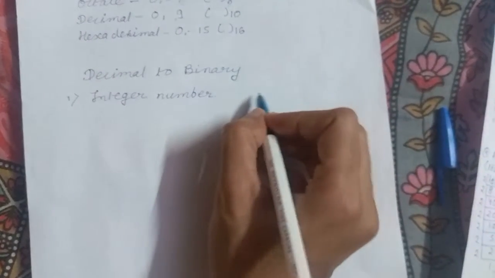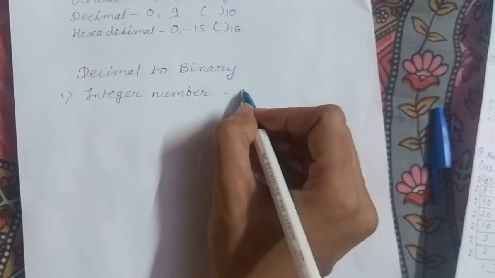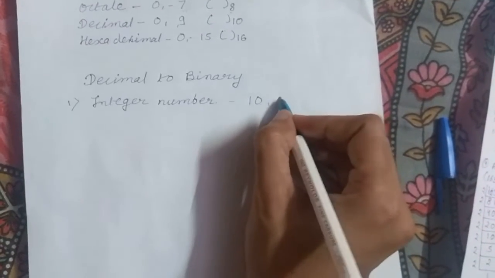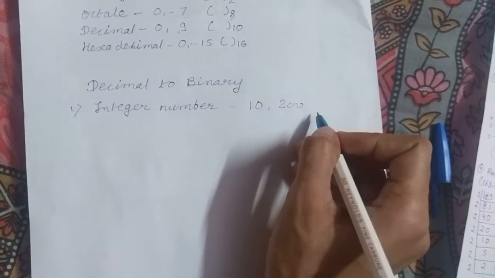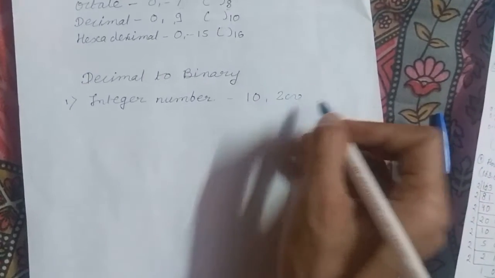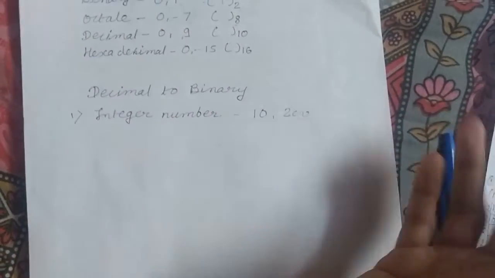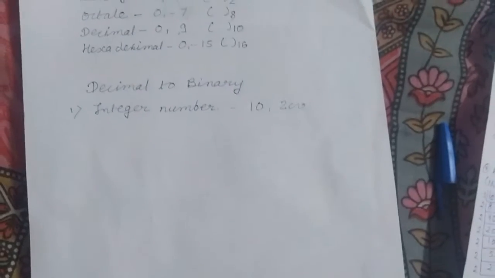Whatever number comes before the decimal point is your integer number. Suppose we write 10, or 200, where there is no decimal point, then it is an integer number.